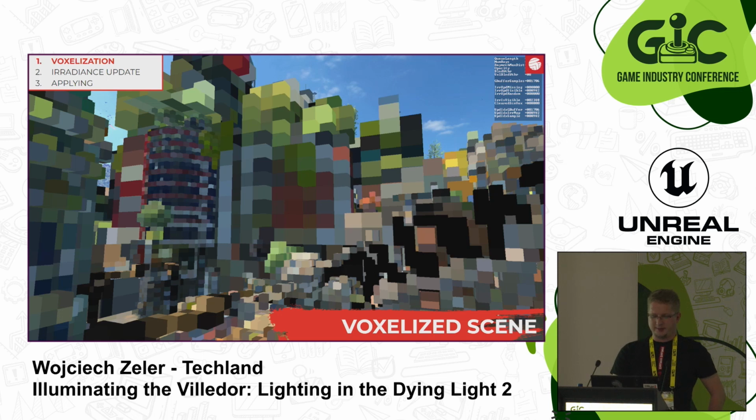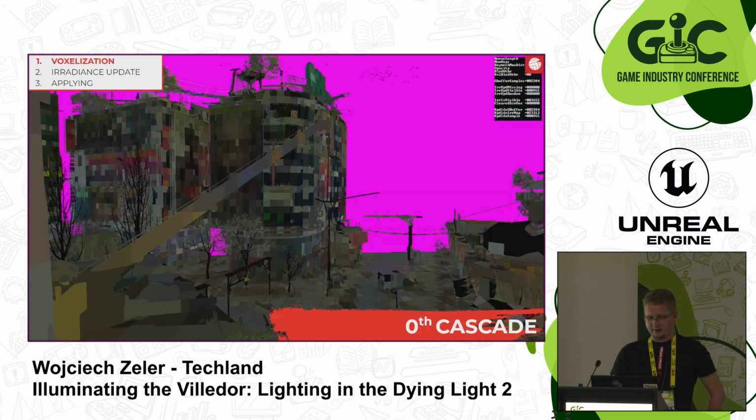In the next 3 slides, you will be able to see a difference in voxel size and range between all cascades. Please note that all voxel cascades have the same number of voxels. So here is the first cascade. Voxels are 1.2 meters big, and the range is around 76 meters.